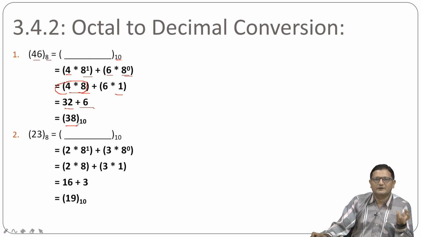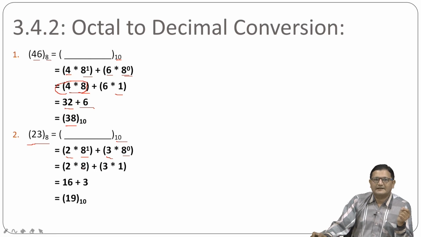So, if we are converting 46 as an octal number into decimal, then we need to write 38, okay. Similarly, here is another example. The number is given in octal format and you need to convert it into decimal form. The number given is 23. So here 2 and 3 are the digits that you write down this way, fine. Then from the last digit you start: 3 multiplied by 8 raised to 0, and 2 multiplied with 8 raised to 1.